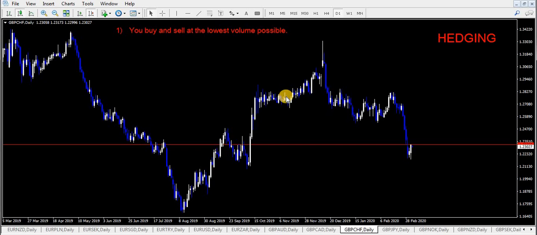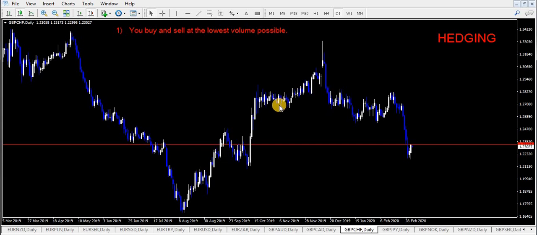Now note, if you already have an idea of where the market is going, you don't have to do this. This strategy is mainly to find the direction of where the market is going.